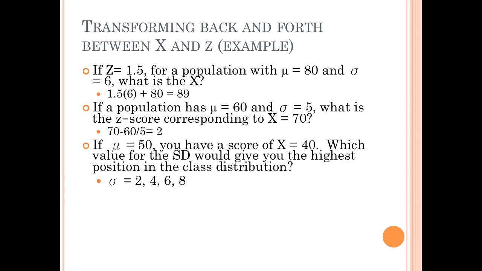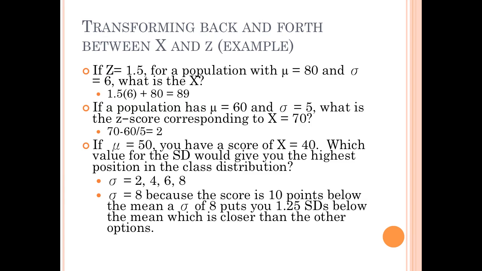No takers? It's going to be 8 because the score is 10 points below the mean, right? 40 minus 50 is negative 10. A standard deviation of 8 puts you at 1.25 standard deviations below the mean, which will be closer than all of these other options.